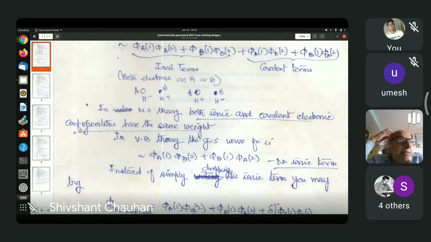So you can ask, why should we have ionic terms? Because ionic terms will not cause bonding. That was the original idea of Heitler and London, because ionic terms do not cause bonding, and they took the covalent terms only.